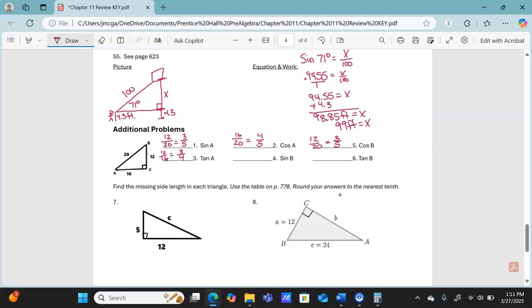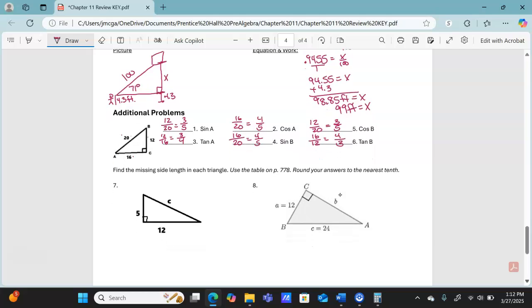The sine of B, we switched angles, so opposite over hypotenuse, 16 over 20, which would be 4/5. So we're getting same answers there. Well, you've only got 3 sides to the triangle. So yeah, you're going to have some repeats of your numbers if you switch angles. And then the tangent of B would be opposite over adjacent, which would be 16 over 12, which would reduce to 4/3. You can leave that as an improper fraction.